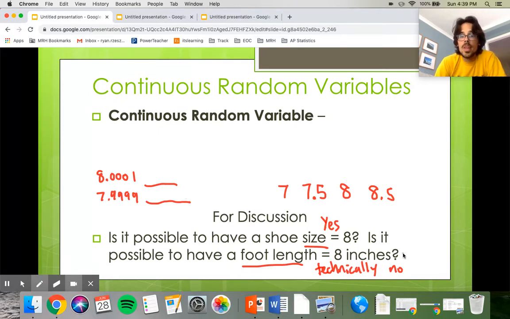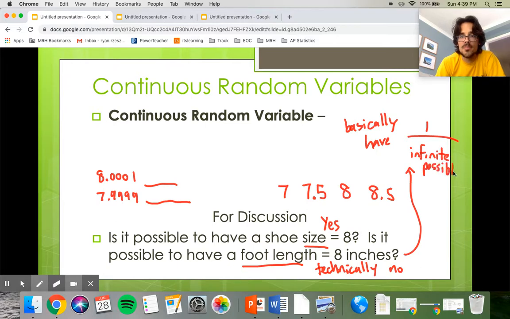The reason for that, again, is you basically have one, so 8 is one possibility out of an almost infinite number of possible options. So the idea that you actually equal any certain option is going to be basically rounds to 0. If you have an infinite number of possibilities, the probability that you equal a certain possibility is going to be 0. That's a really kind of weird concept for kids to wrap their heads around.